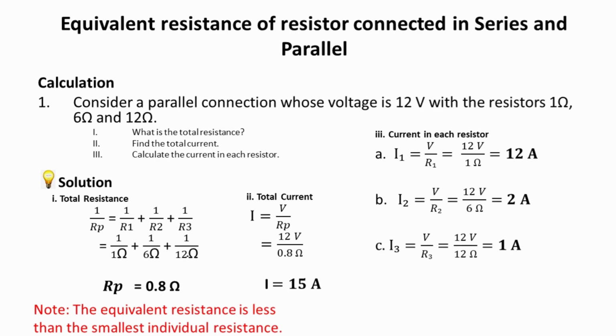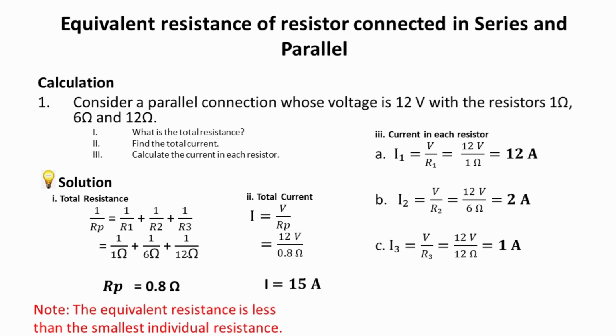Using the same formula, you have I is equal to V over R1 for the first current, which will give you 12 amperes. Then I subscript 2 is equal to V over R subscript 2, which will give you 12 volts over 6 ohms to give you 2 amperes.